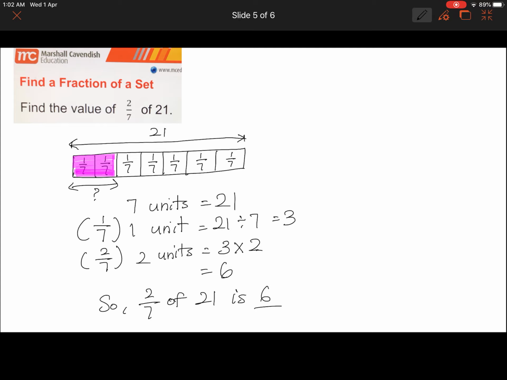Okay. I hope it's much clearer on how we find the value of a fraction of a set. Now, let's look at page 109 of your homework.